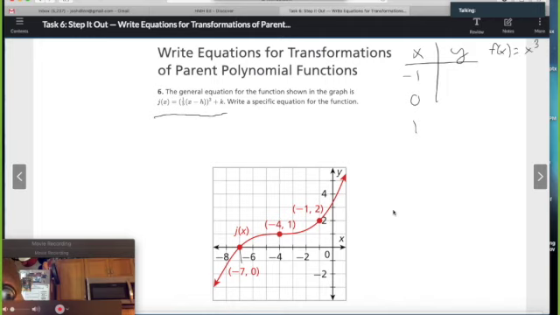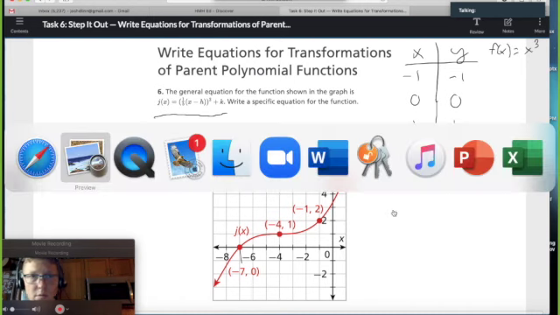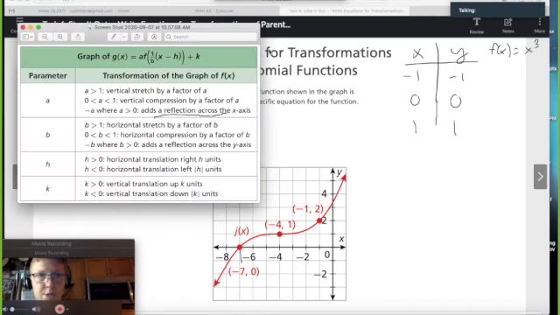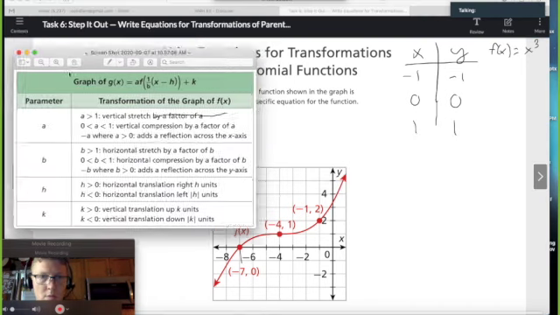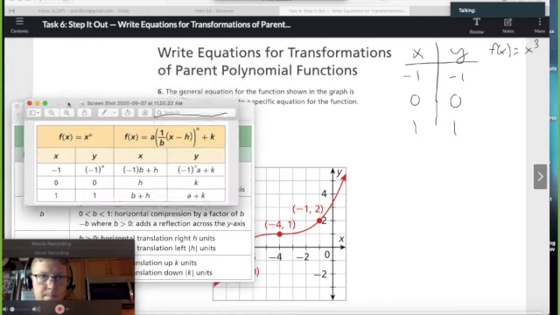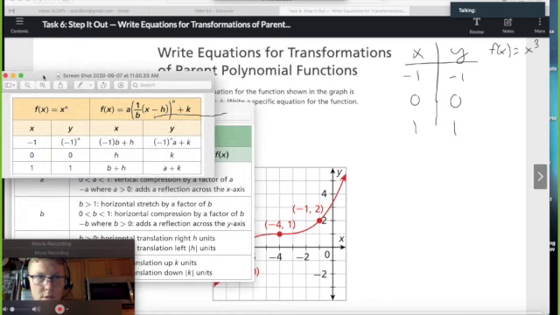X cubed. So then our y is going to be negative 1, 0, and 1. So then we're just going to use this chart again.